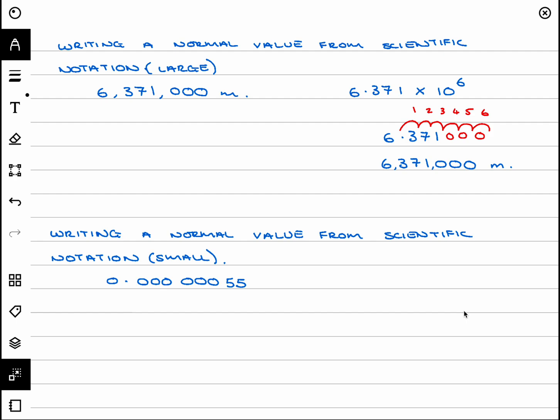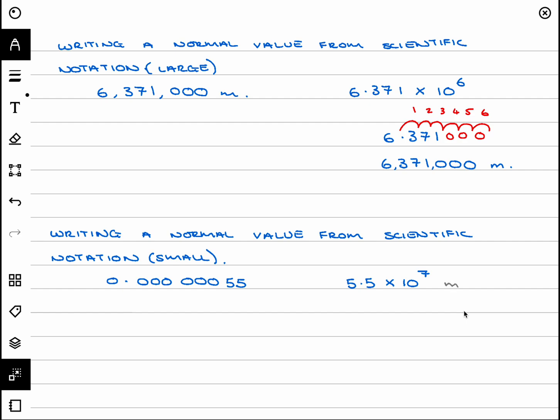All right, and writing a normal value from scientific notation, what we're going to do here is we've got this value. Now I'll write this in scientific notation. So this will be times 10 to the 7. This is actually the wavelength of, I believe, green or yellow light, in meters.